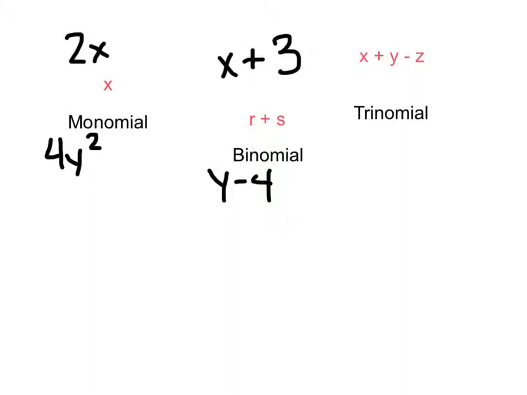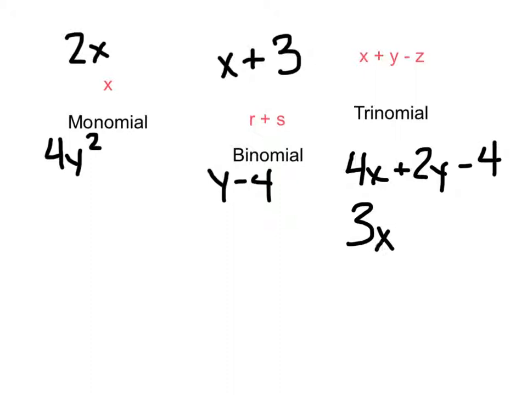So it could be 4x plus 2y minus 4. It could be 3x squared plus 1x plus 2y, okay? Because they're different, because this x squared makes it different from 1x, it's a trinomial.